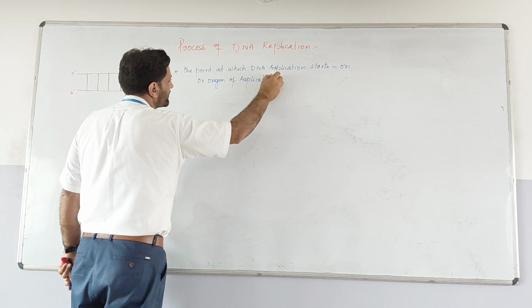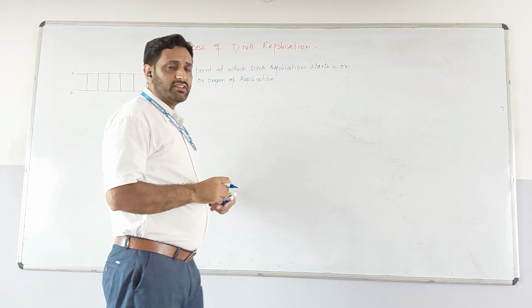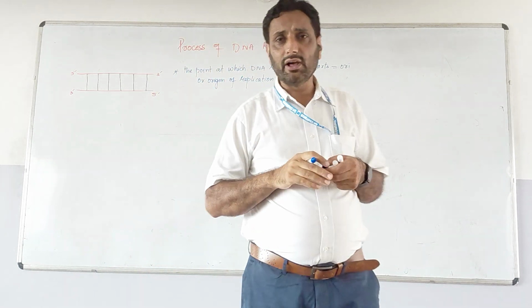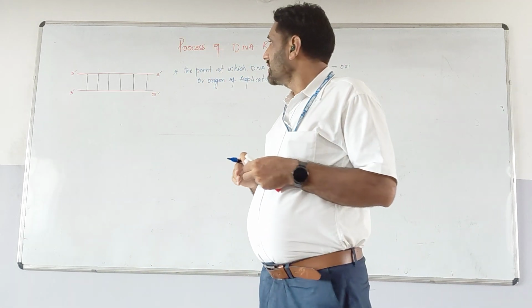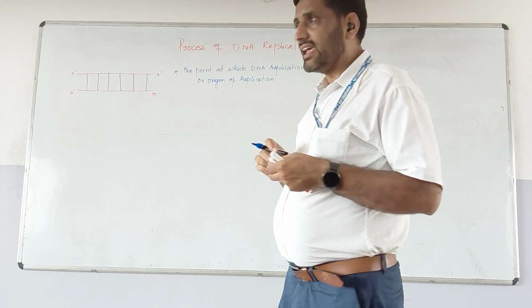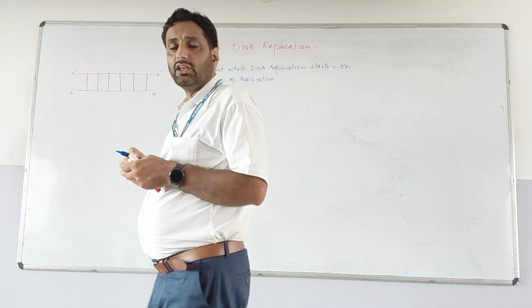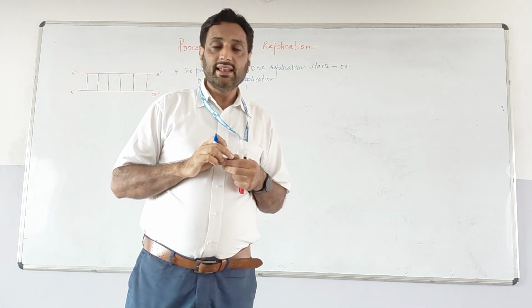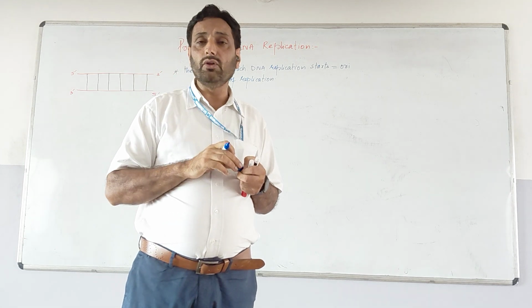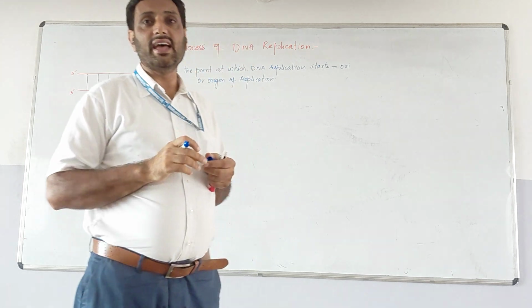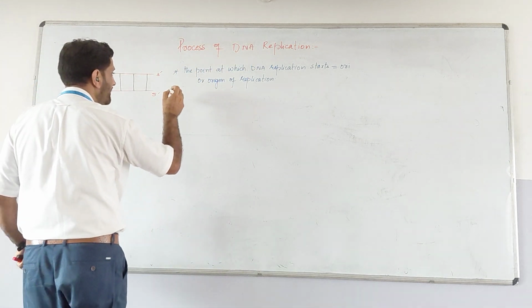As we know, this DNA molecule is not a short molecule or little molecule. ये बहुत बड़ा molecule होता है, इसलिए इसमें ORI site एक ही नहीं होती है, बहुत सारी होती है. लेकिन एक segment which has only one ORI site, that is called a replicon. Let's write it here.